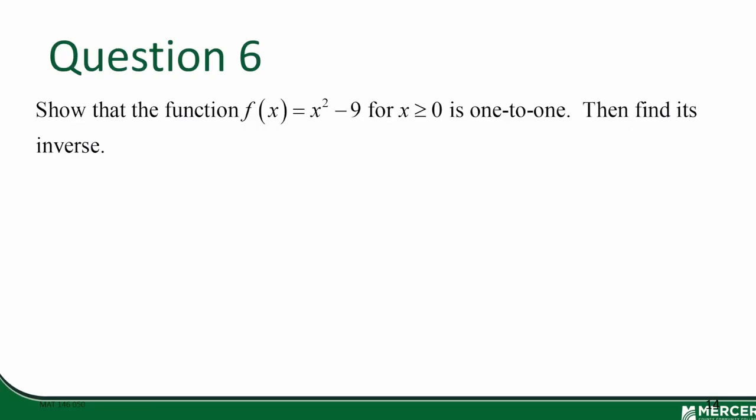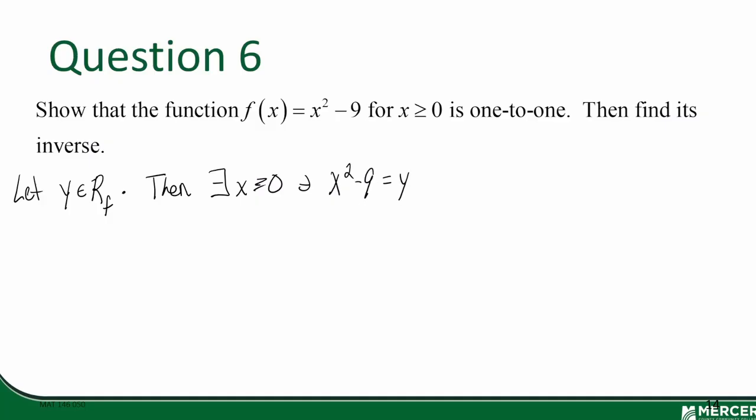Now to find the inverse. So we say y is some element in the range of f, then there has to exist an x greater than or equal to 0 such that x squared minus 9 is equal to y.